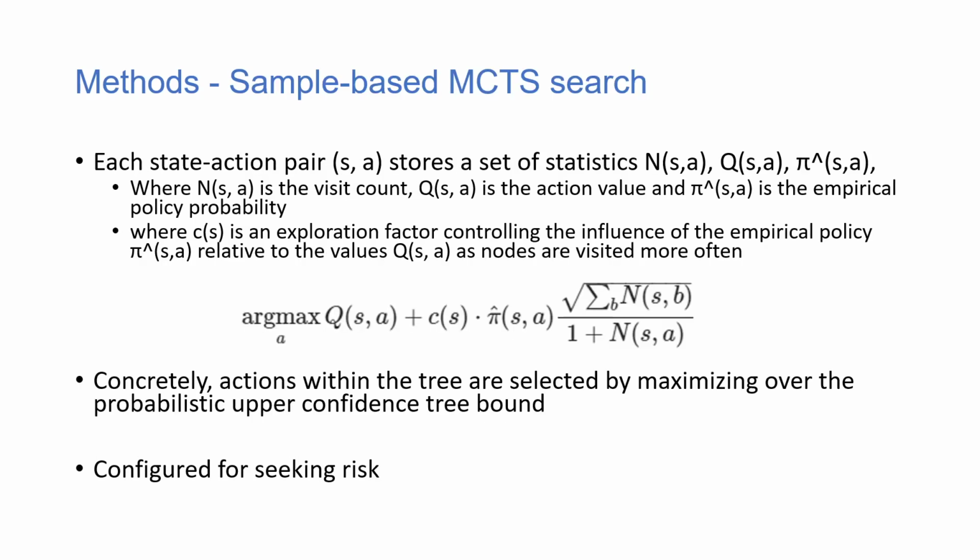So here's the formula that they use. N is the visit count, Q is the action value, which I understand is the cumulative reward, and this is the policy probability. So in here you can see a factor that measures the frequency of that particular action. And you have a factor that is going to control the exploration rate.